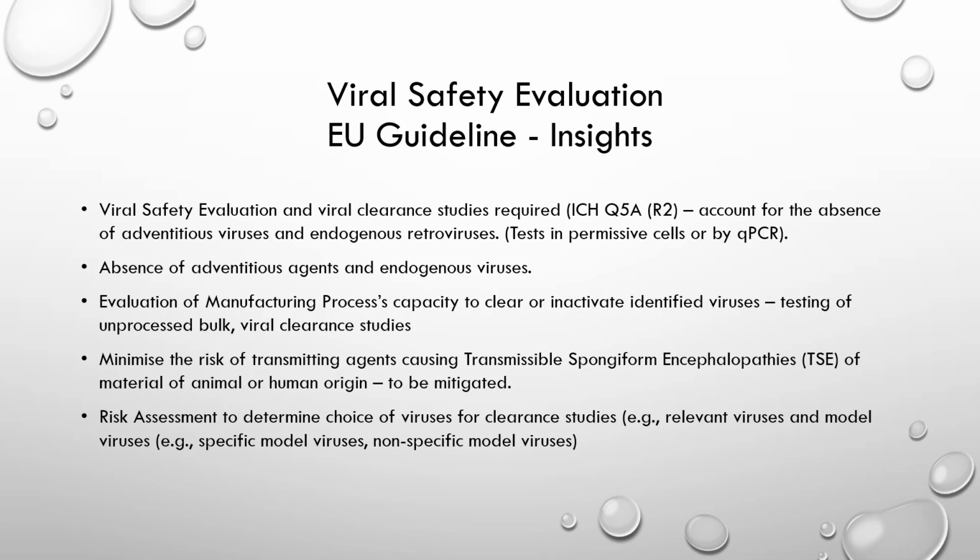The other thing that you need to consider is to minimize the risk of transmitting agents causing transmissible spongiform encephalopathies of materials of animal or human origin. That's about where you source your materials and the steps implemented to prevent the risk via transmitting agents such as prions.